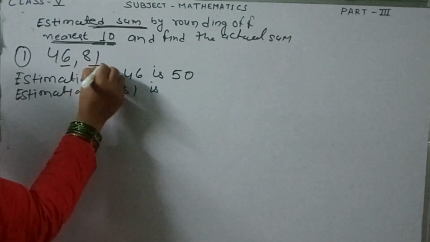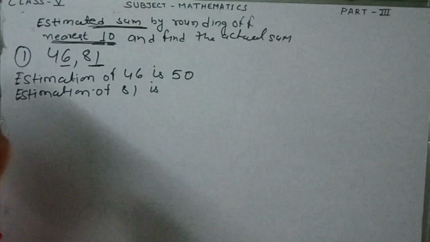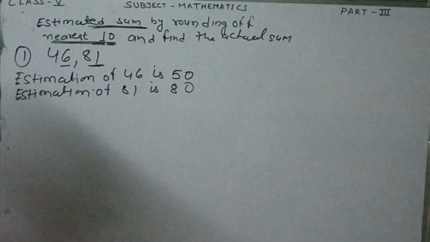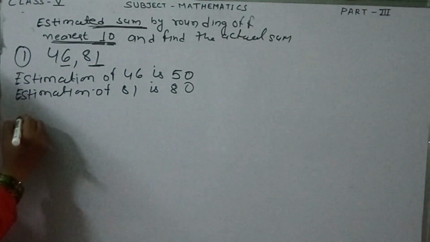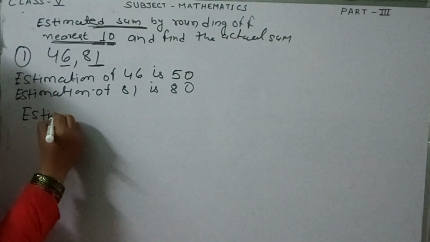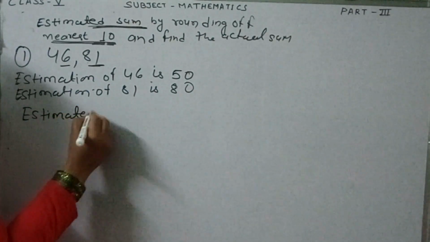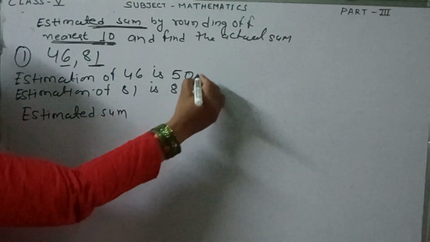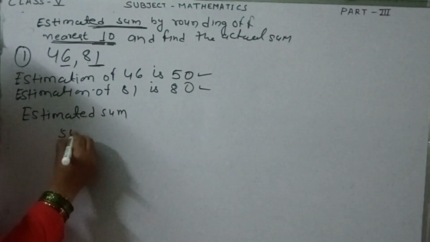Here 1 is less than 5, so it will be 0 and this one is 80. Now you write here the estimated sum: the estimation numbers are 50 and 80.